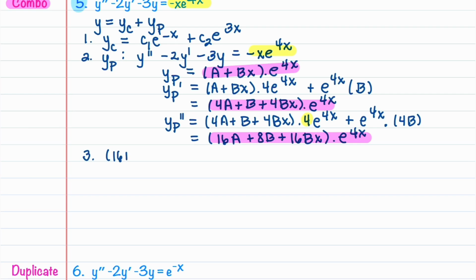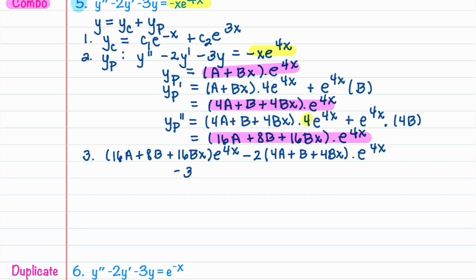We have 16a plus 8b plus 16bx times e to the 4x minus 2 times yp prime, which is 4a plus b plus 4bx times e to the 4x minus 3 times y, which is a plus bx times e to the 4x. Hang with me, we're almost done. And then our right-hand side is minus x e to the 4x.